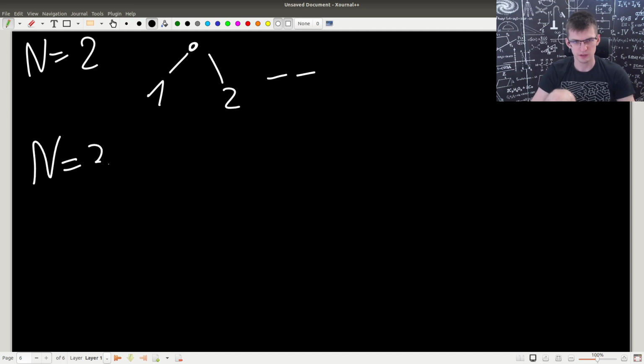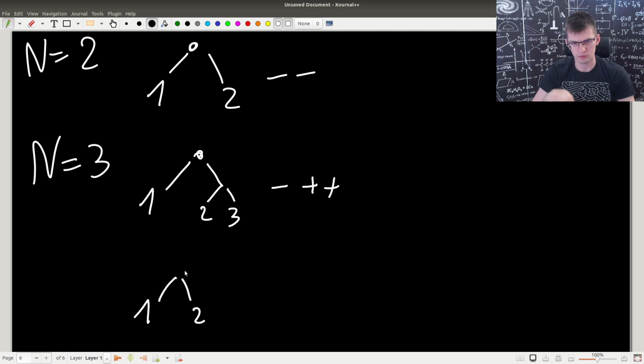If n is 3, I can do this. Oh, actually I have just two possibilities. Either this or that. So the middle one must be plus.